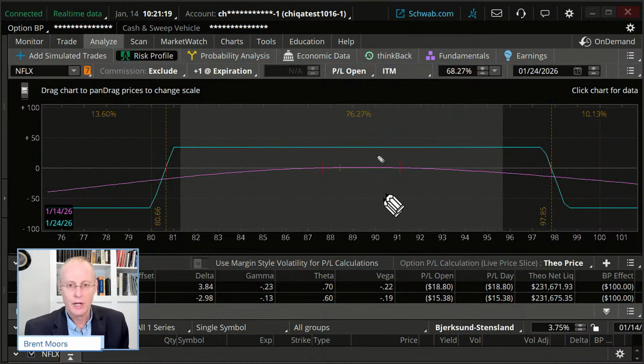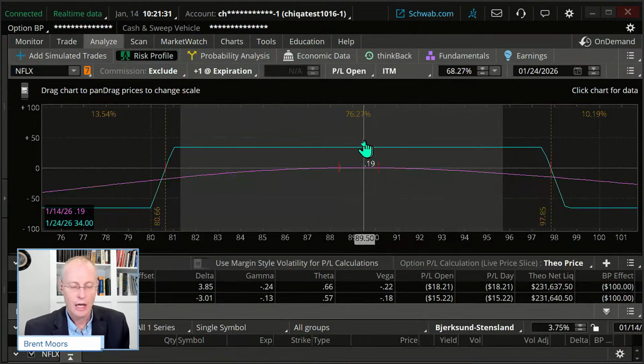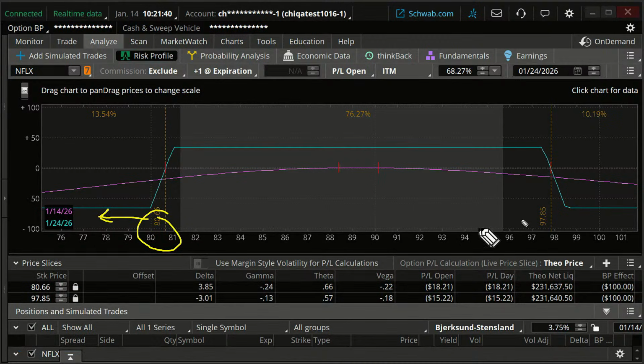Okay, now, this is kind of neutral. The stock right now, let me get rid of this. What do we say? The stock's at 88 and change. If I want to make this more bearish, I could just shift my strikes down, shift my puts down, shift my calls down, and that would just shift this whole graph off to the left, okay?